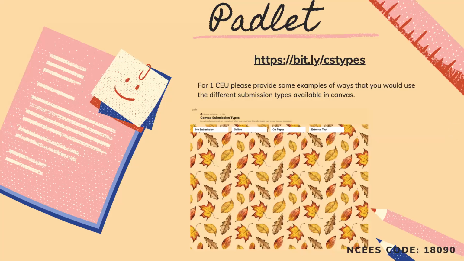The last thing that you would need to do: if you are only tuning into the training for the 30 minutes, it's only a half hour CEU. But if you want your full hour CEU, it's a simple task. If you could go to this bit.ly, which is a Padlet, all you're going to do is provide some examples of ways that you would use the different submission types in Canvas.